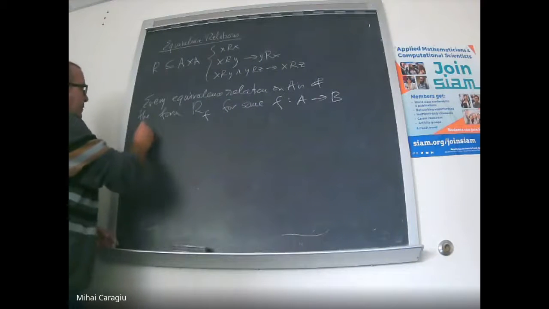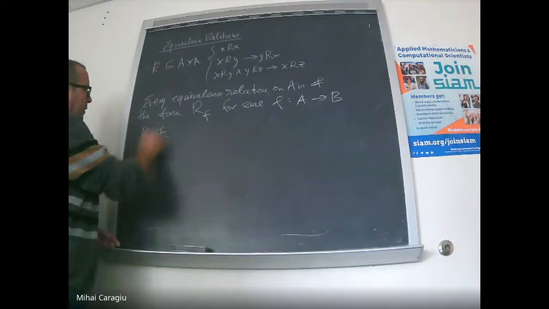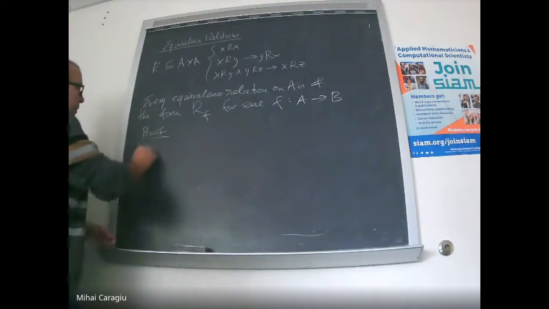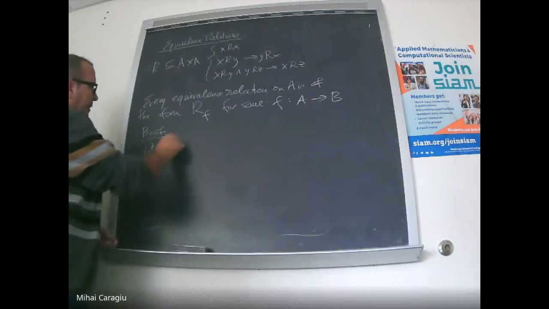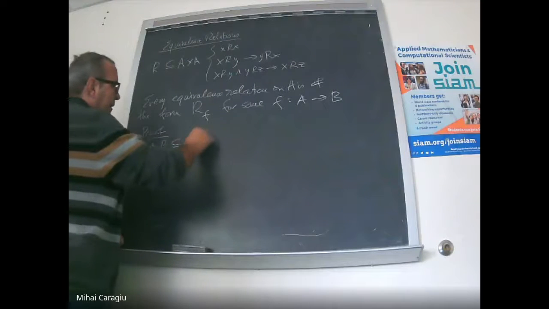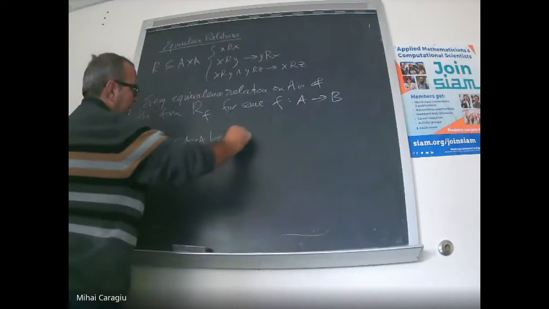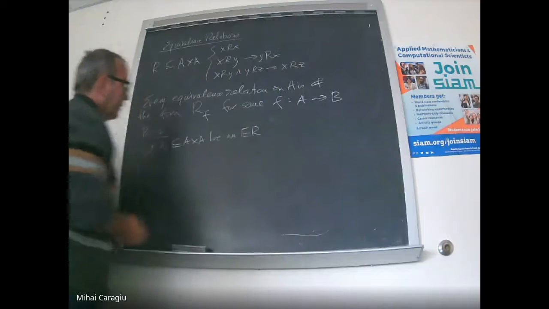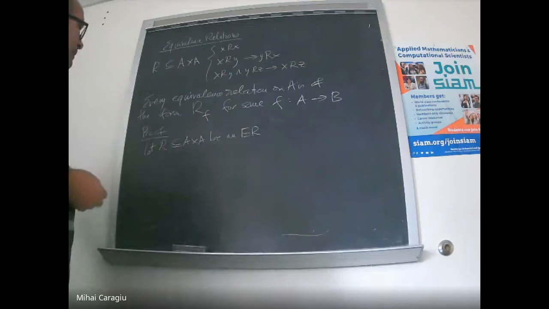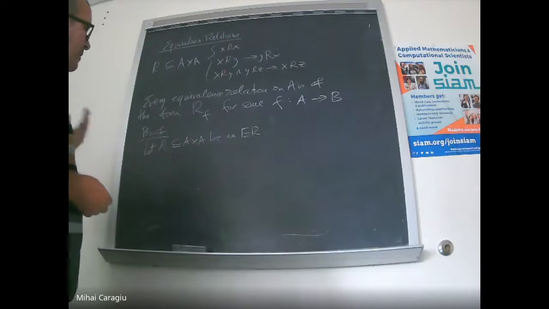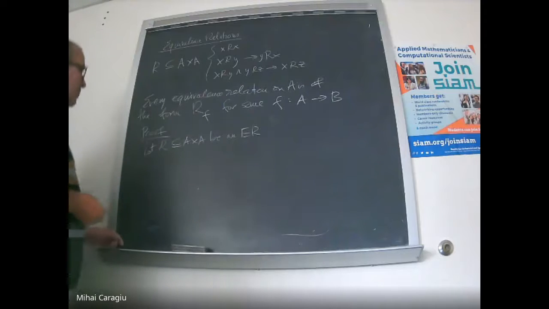So what's the proof of this? Let R, a subset of A cross A, be an equivalence relation. We have shown that this equivalence relation induces a partition. So let's consider the partition corresponding to this equivalence relation.